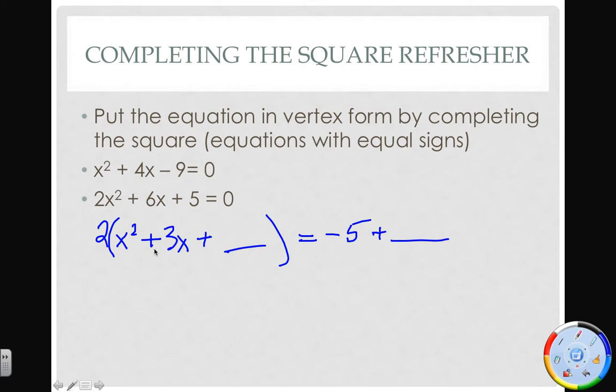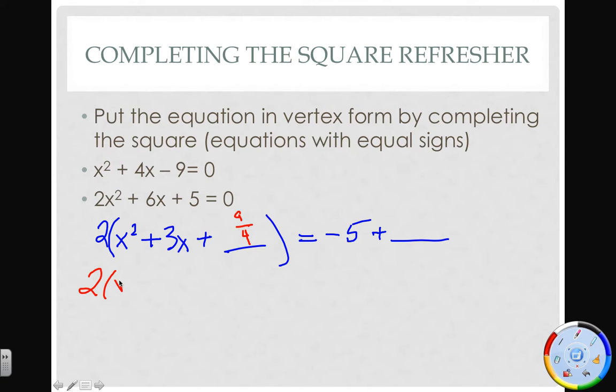Now I need to take half of 3, and I square it. And if I take half of 3 squared, I get 9 over 4. But then you have to do the little tricky things that we did in the last chapter.